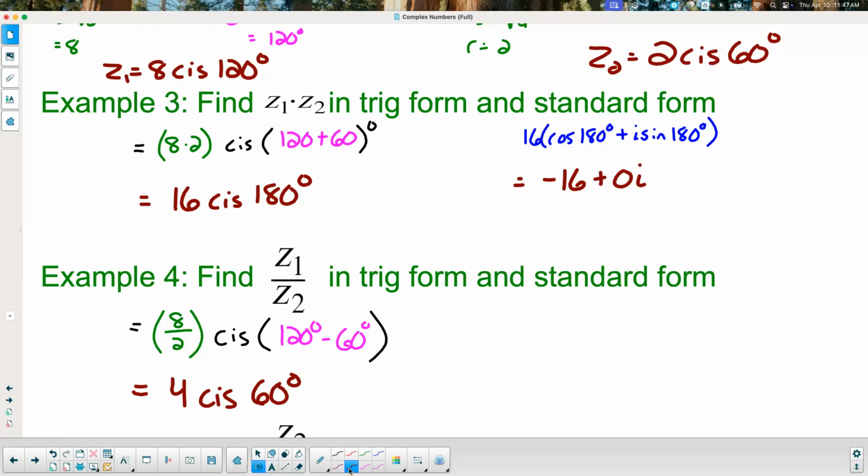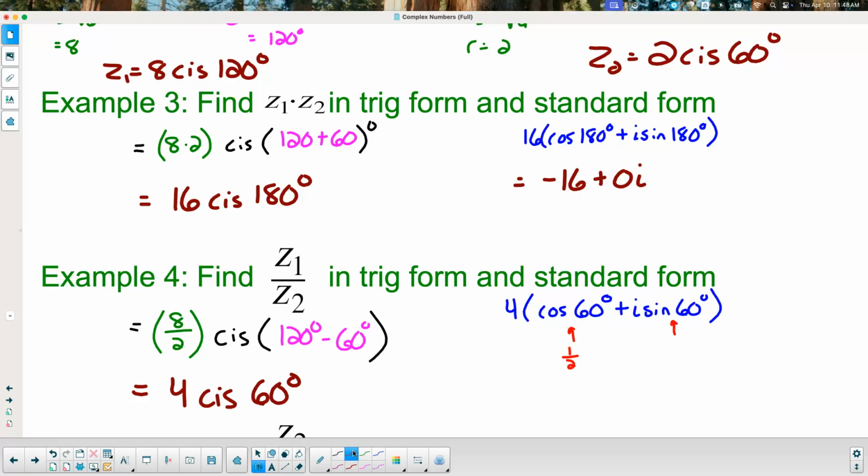Which then in standard form is going to be, cosine at 60 degrees is 1/2.